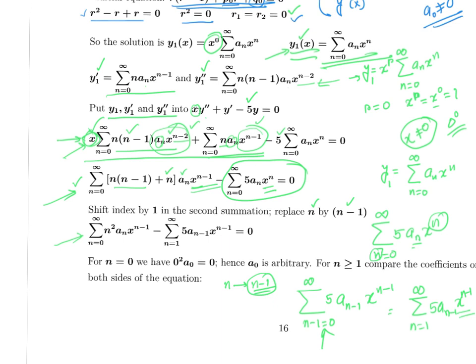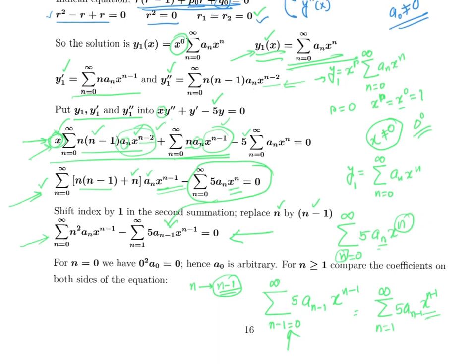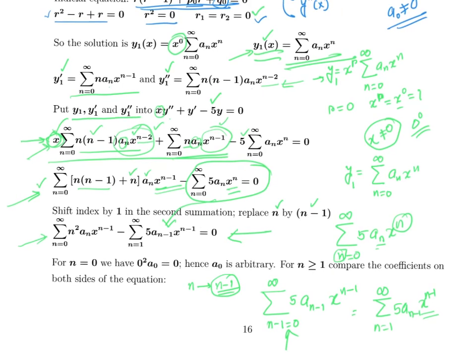Now the shifting that I showed you right here is done right here. So we took this and we converted it into this. Now if I plug in n is equal to 0, what happens?